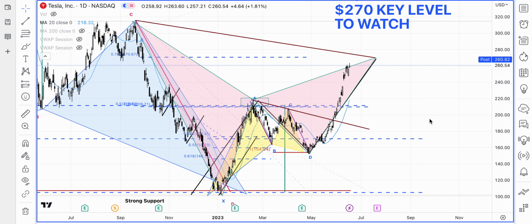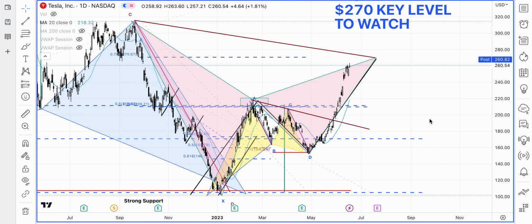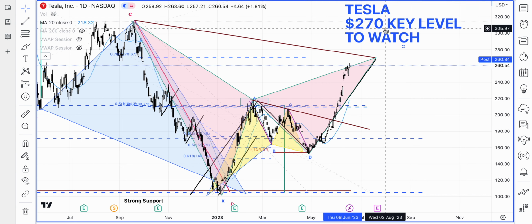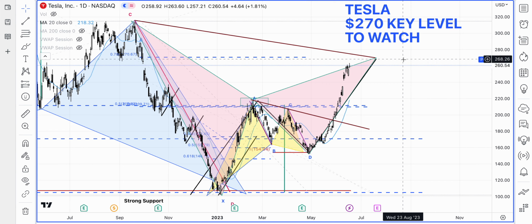So what we are looking at, at the moment, in front of the screen, is the Tesla stock daily chart. Here, the key pattern formation on the daily chart level is this pink shaded area, and anywhere between $268 to $270 is the shorter term target that we are watching for.